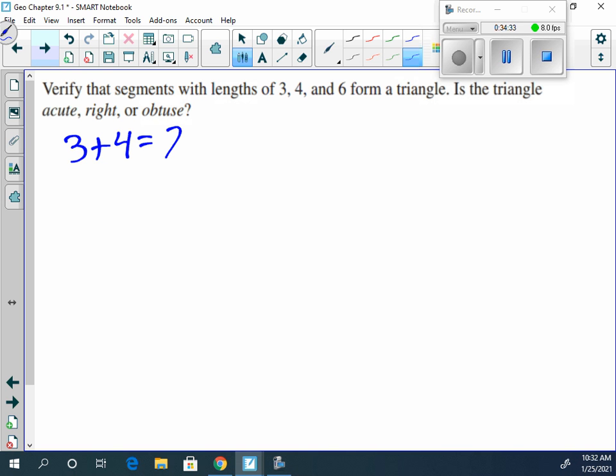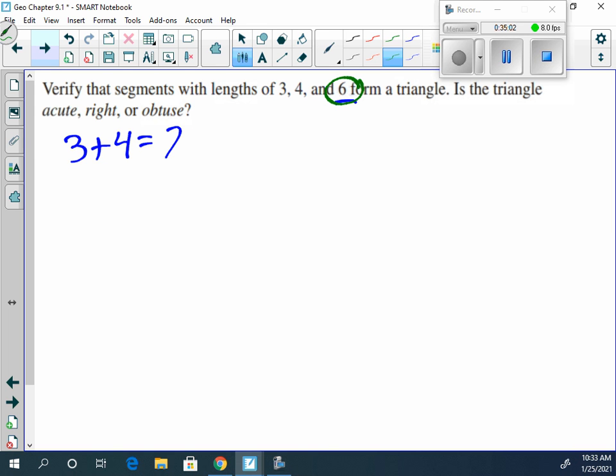Because if I do the other two, anything I add to 6 would be bigger than the other side, because 3 plus 6 is going to be bigger than 4, yes? Because 6 is already greater than 4. 6 plus 4 is going to be greater than 3 because both 6 and 4 are bigger than 3, yes? So we really just need to look at the two smaller lengths. Do they add up to more than the biggest?